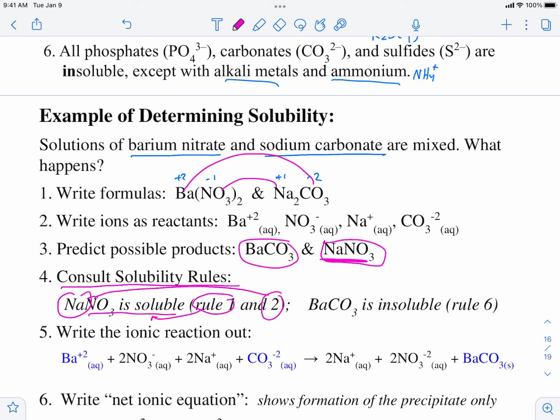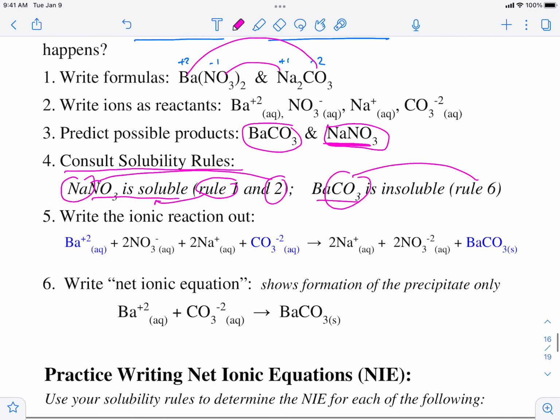It doesn't need both. So it's perfectly soluble. The barium carbonate is insoluble because carbonate is mentioned in rule 6. So we figured out what is insoluble. We figured out what the solid is. So what we do is we write a reaction. This is called an ionic reaction because it is showing ions as reactants.